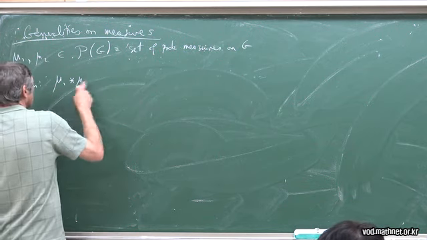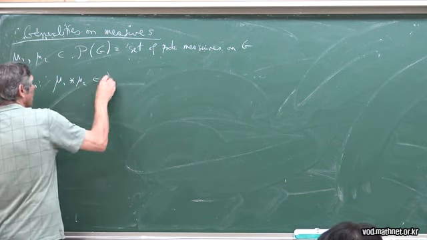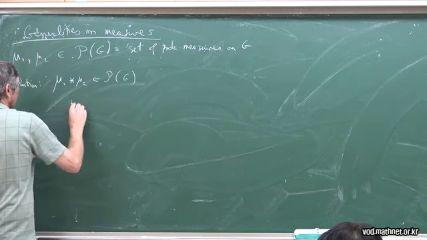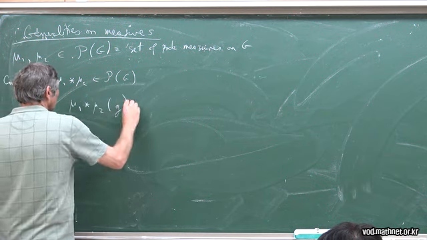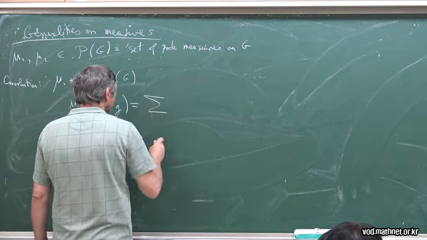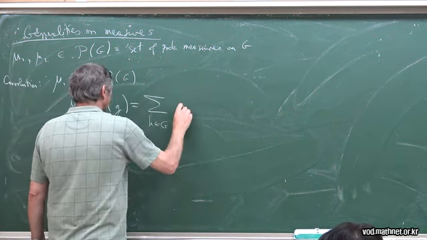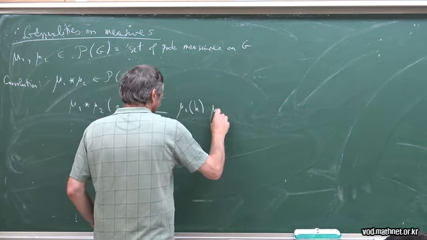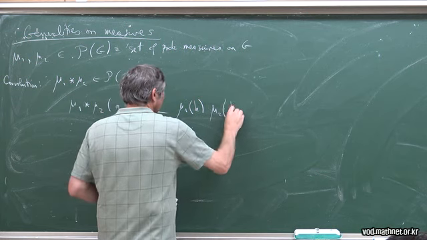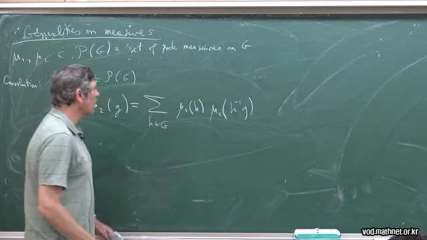And what is it? It's also a probability measure on G. And what is the measure of some group element G? Well, it's the sum over all H in G of mu1 of H times mu2 of H inverse G. So what's the idea here?